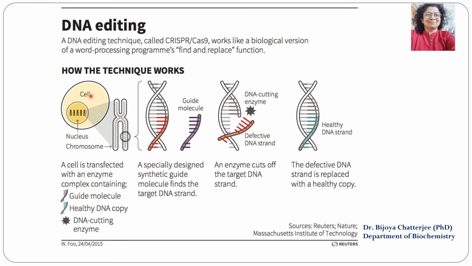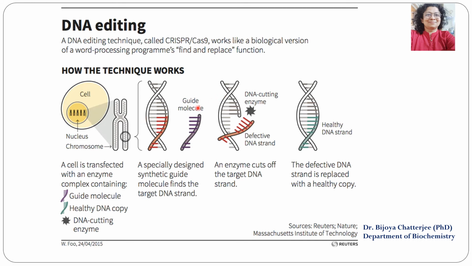This is the cell in which the chromosomes are there. Now suppose this is the chromosome which needs the repair. So a cell is transfected with an enzyme complex containing guide molecule, healthy DNA copy, and cutting enzyme. So it will have all these components present.